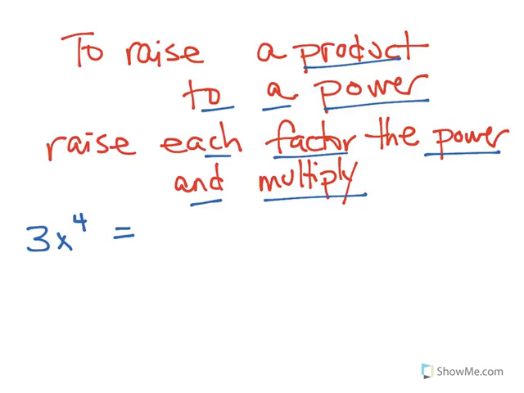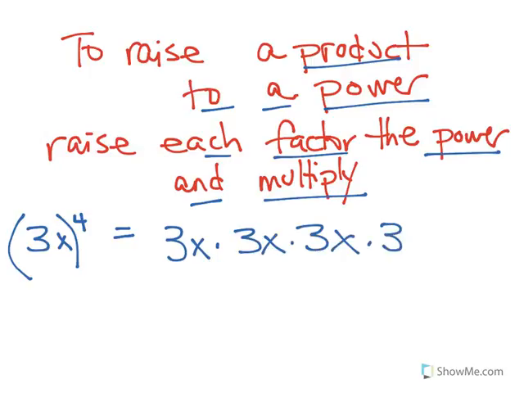Our next property has to do with raising a product to a power. Here we're going to raise each factor to the power and multiply. If we do this longhand, we have 3x raised to the fourth power. That looks like 3x times 3x times 3x times 3x.